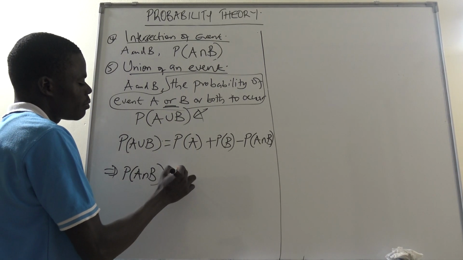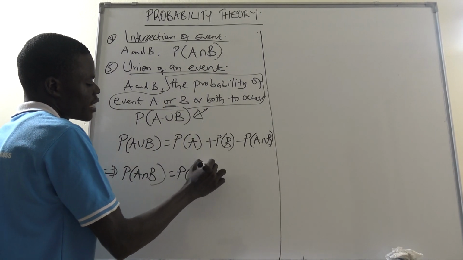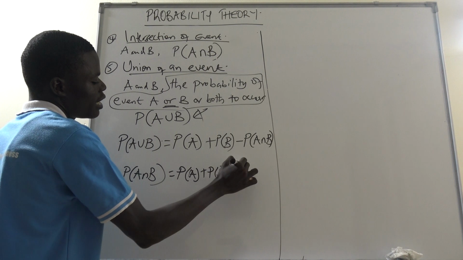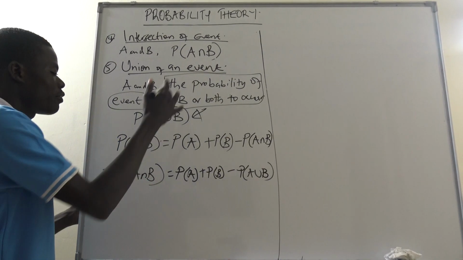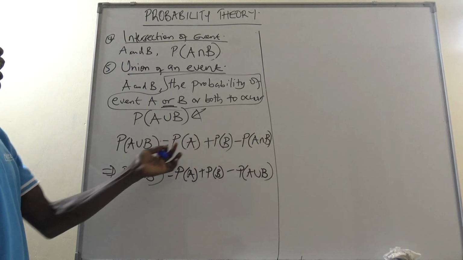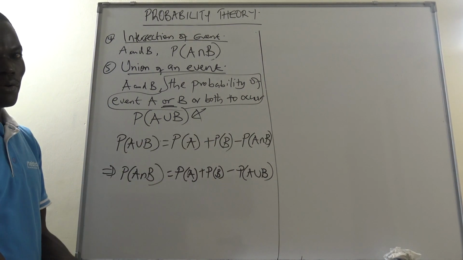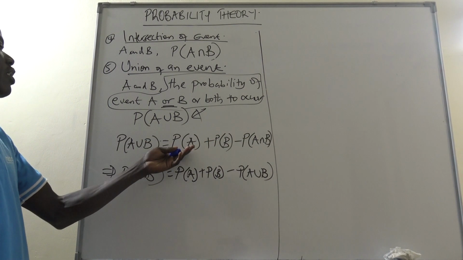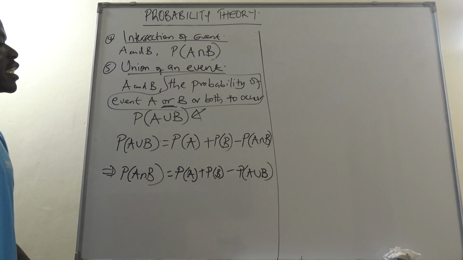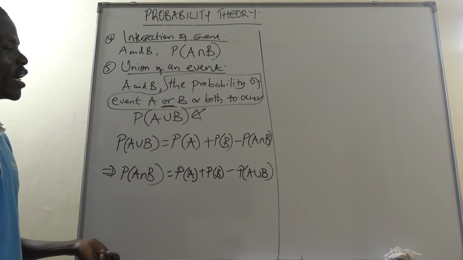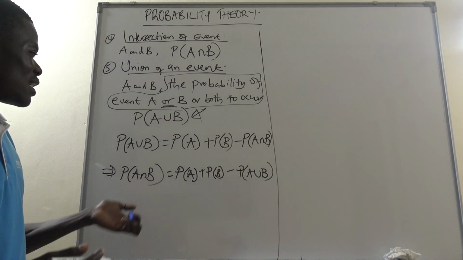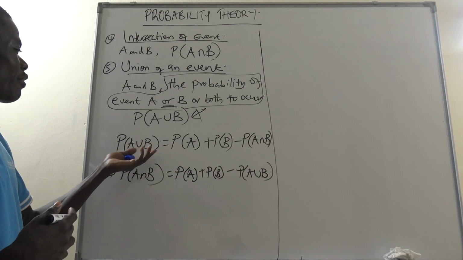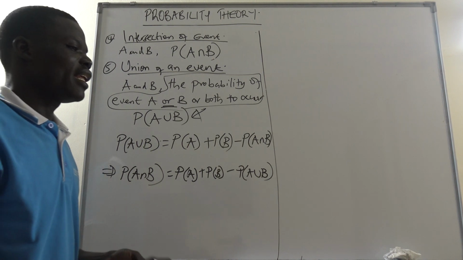You have probability of A plus probability of B, then minus probability of A union B. From the formula, you just need to rearrange it and you get what you want. If you want to get probability of A, you will still rearrange the formula and get what you want. That's how you need to understand the formula: that's the first formula, and then you can rearrange.